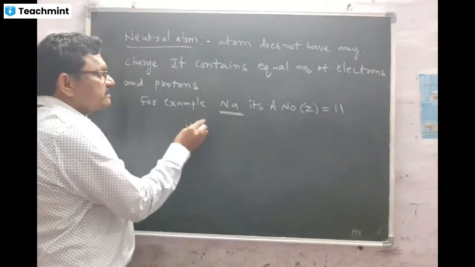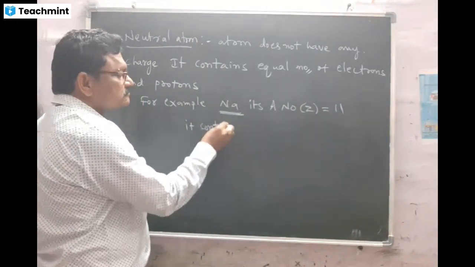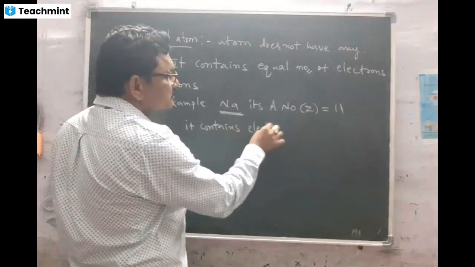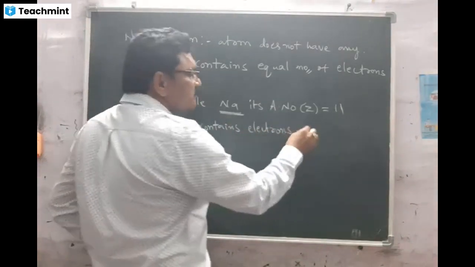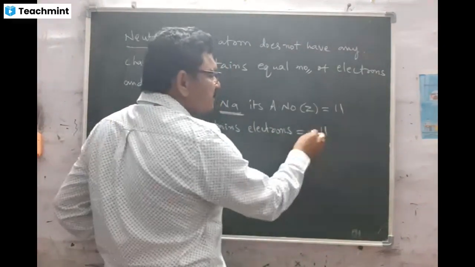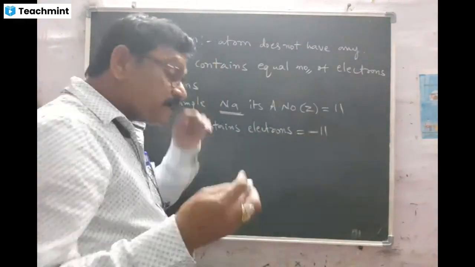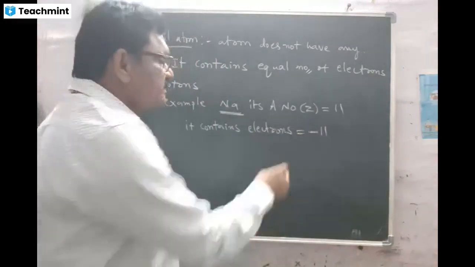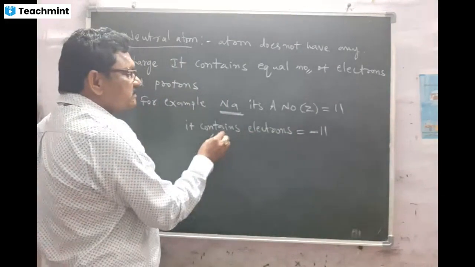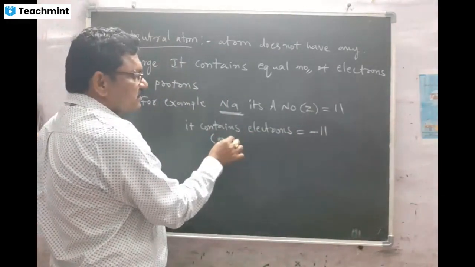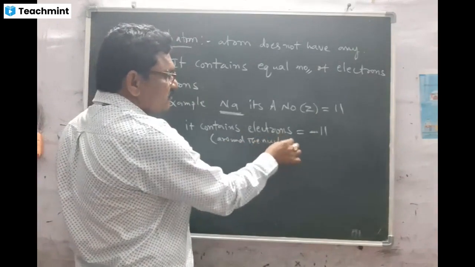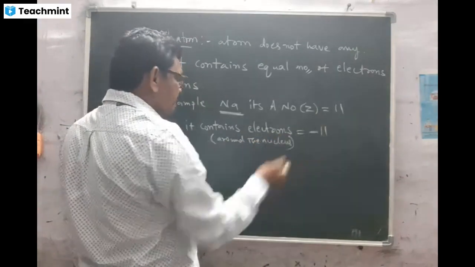That means minus 11. You know minus means electrons are having net charge, minus charge. That's why it is minus 11. Electrons are present around the nucleus in an atom.